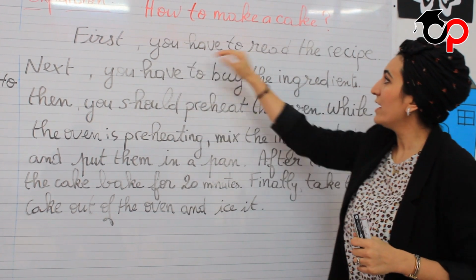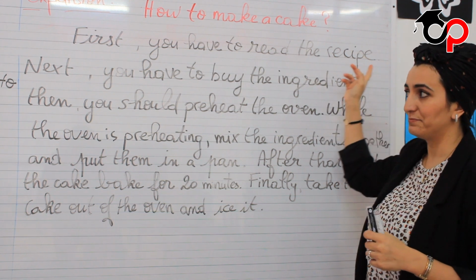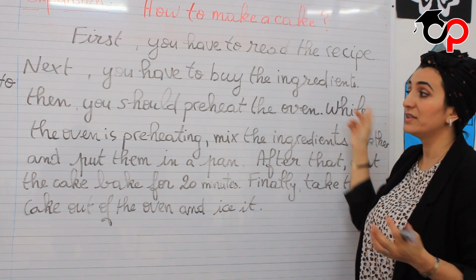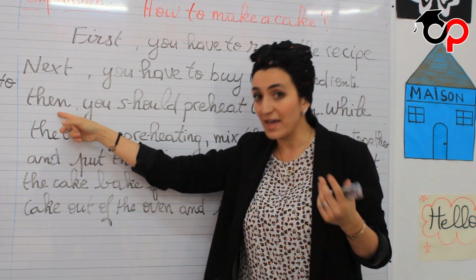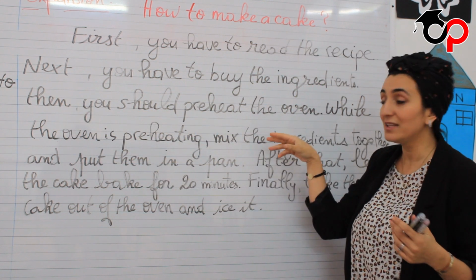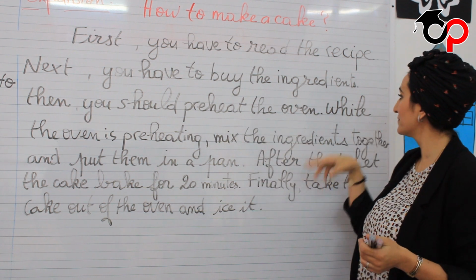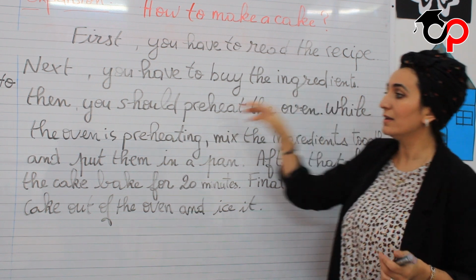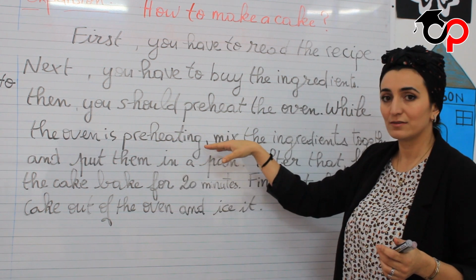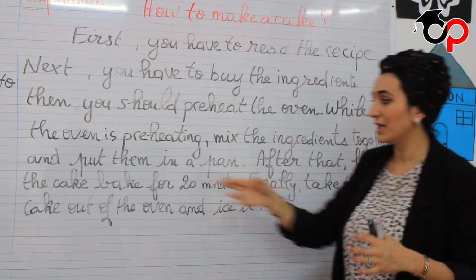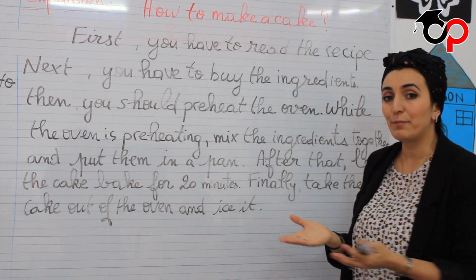First, you have to read the recipe. Next, you have to buy the ingredients. Then, you should preheat the oven. The oven, you should preheat it. While the oven is preheating, mix the ingredients together and put them in a pan.